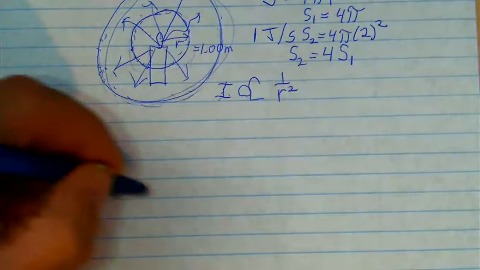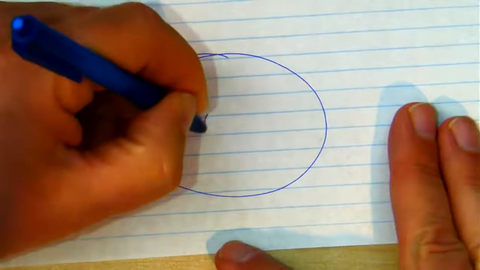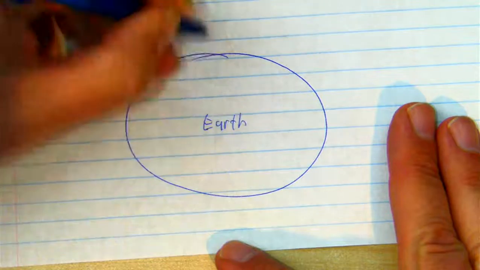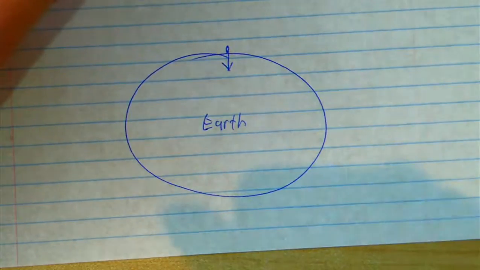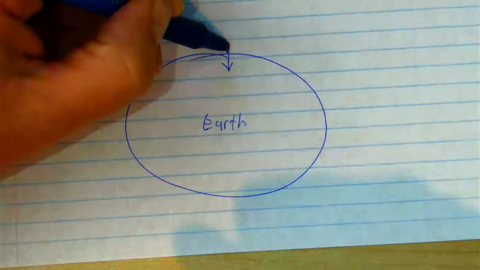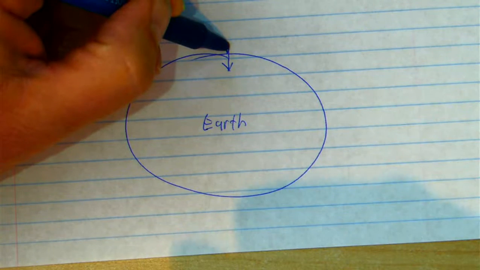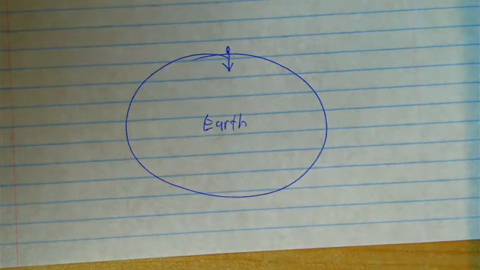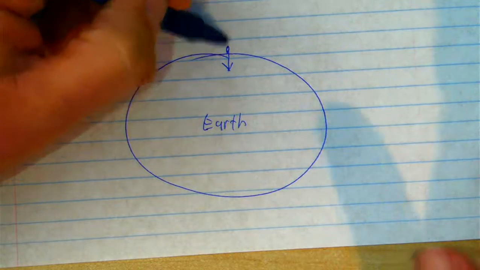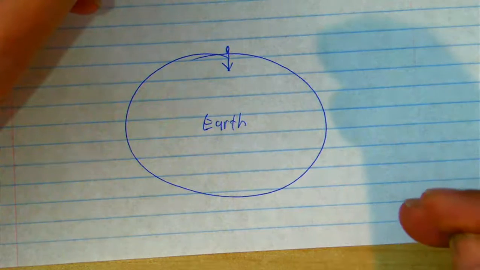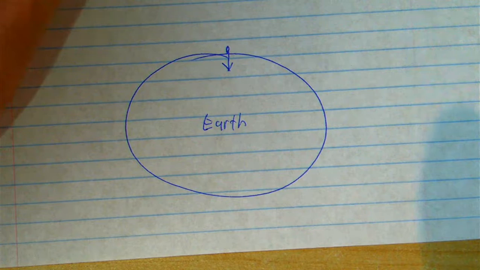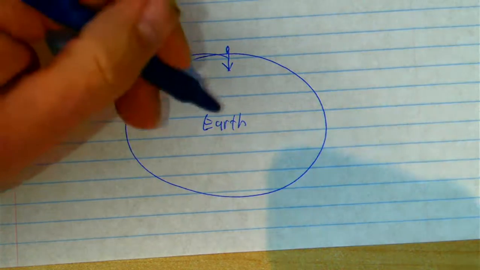Isaac Newton, to his credit, said, okay, I'm on the earth. I just saw this apple fall or heard it, and I know that it's not significantly above the earth. Maybe it fell from 2 or 3 meters up, but the earth is 6,378,000 meters in radius.